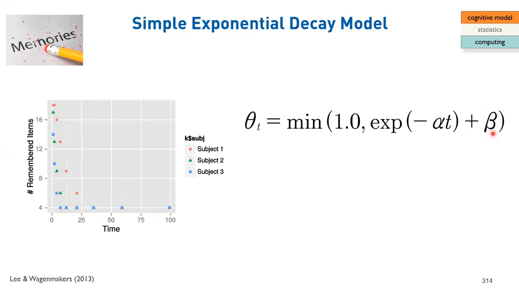The beta here is like the intercept in a regression model. You could imagine this as alpha multiplied by X, plus B. This is the intercept, the same idea as we have seen in regression models. And then this one is alpha times X, take the minus, and then take the exponent.